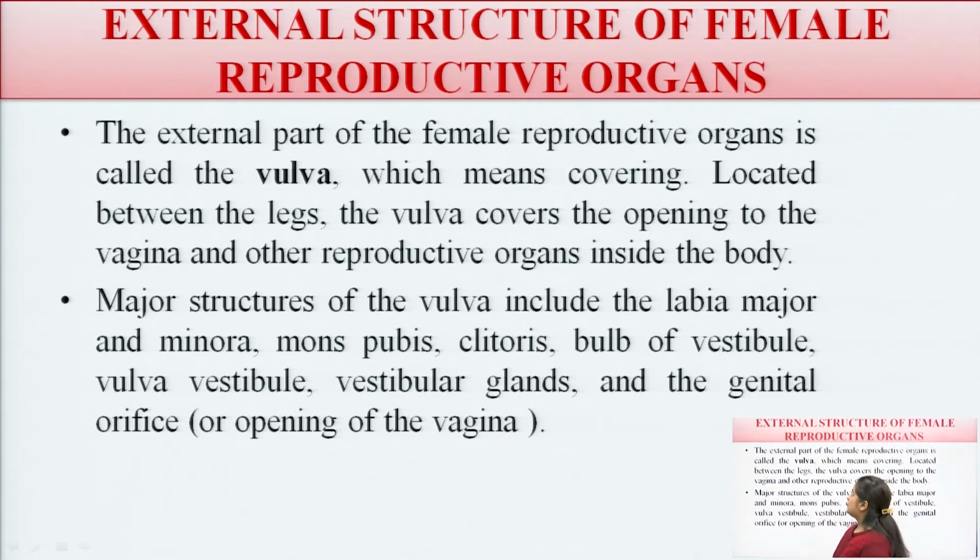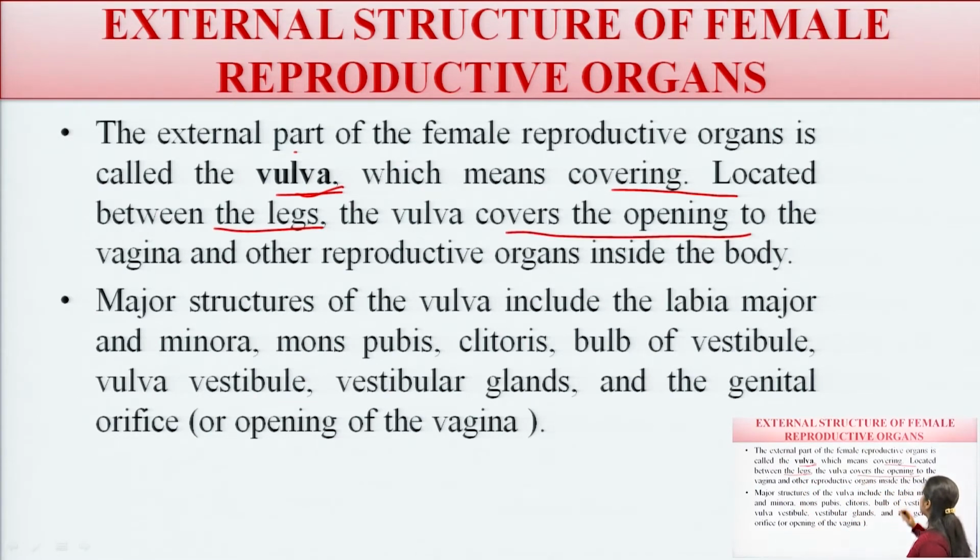Among the external structures of the female reproductive organs is the vulva. The external part of the female reproductive organs is called the vulva, which means the covering. It is located between the legs, and the vulva covers the opening of the vagina and other reproductive organs inside the body.